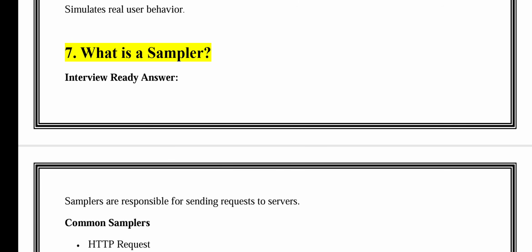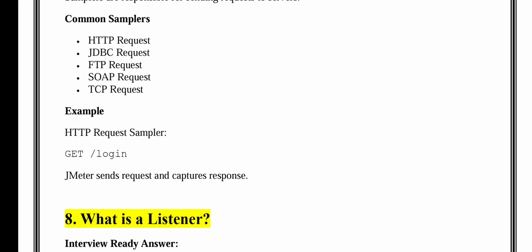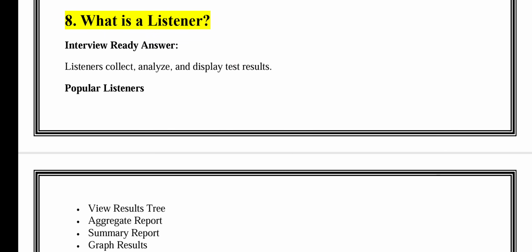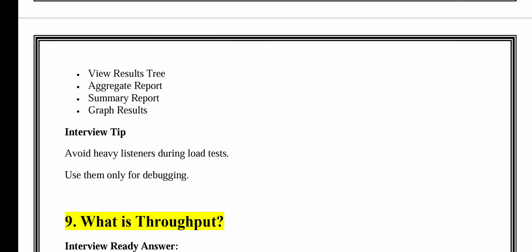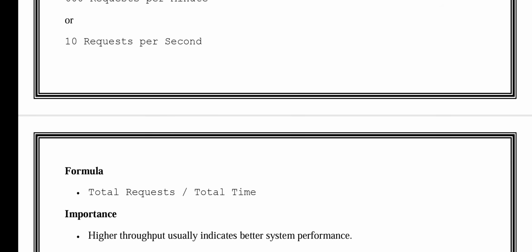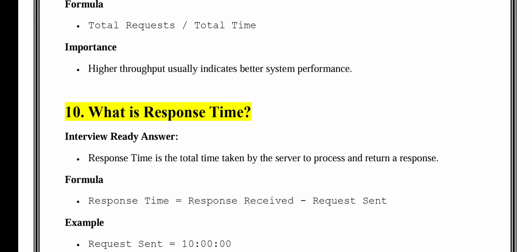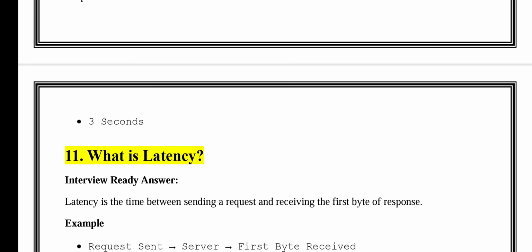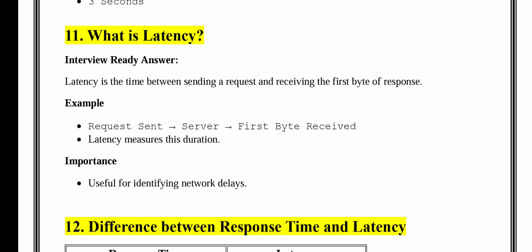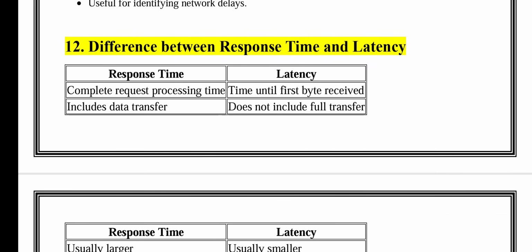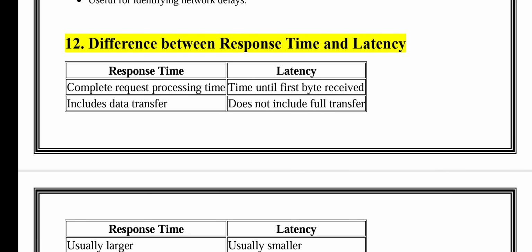What is a sampler? What is a listener? What is throughput? What is response time? What is latency? What's the difference between response time and latency?